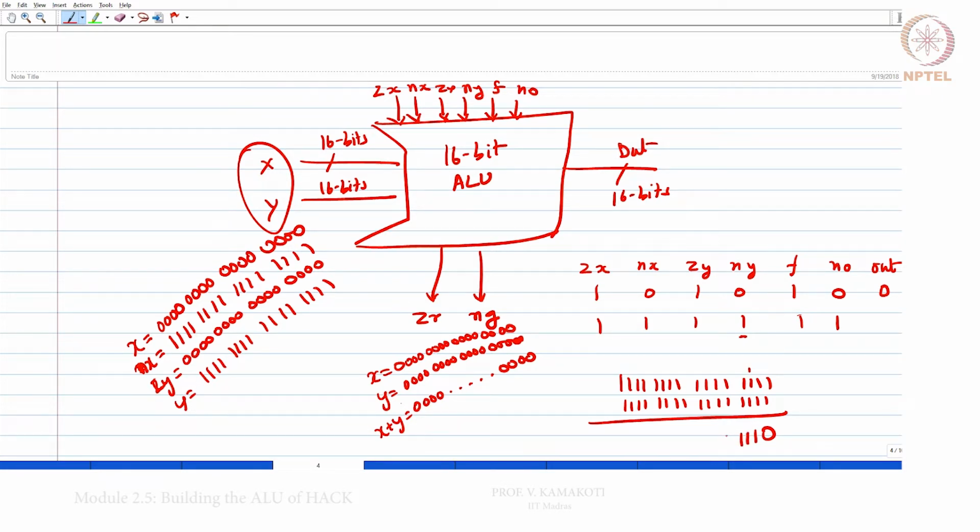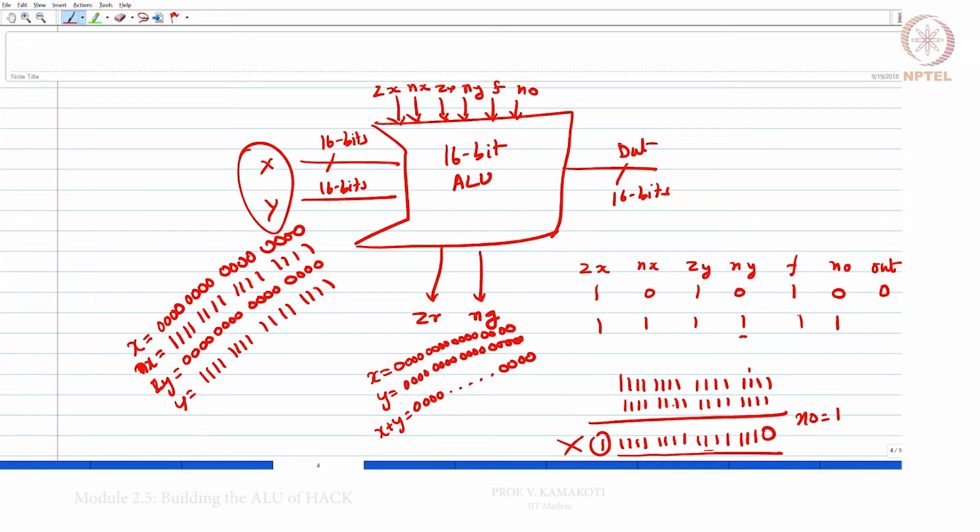This goes on like this, and there will be one carry coming out at the end, which is dropped because the ALU can handle only 16 bits. So, you will get 1 1 1 1 1 1 1 1 1 1 1 1 1 1 1 0.